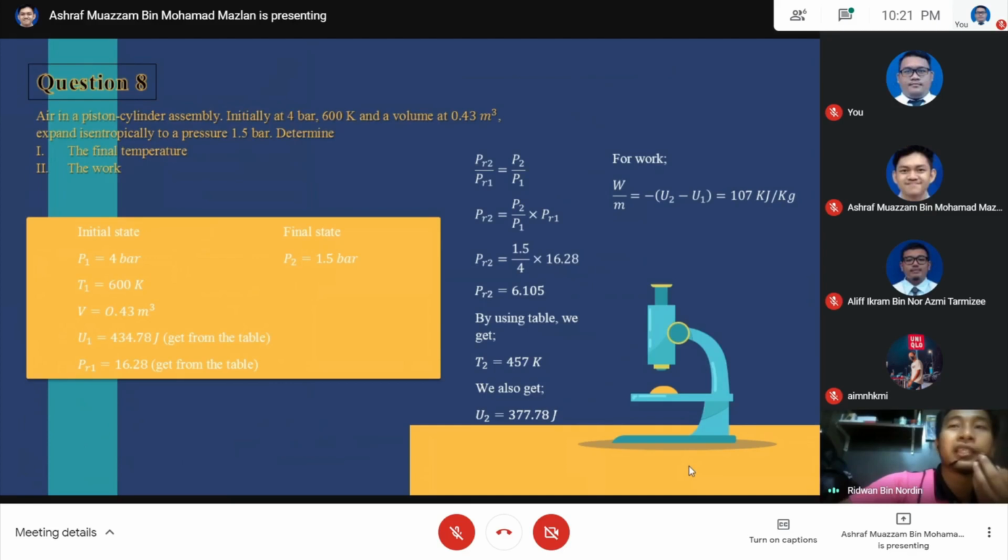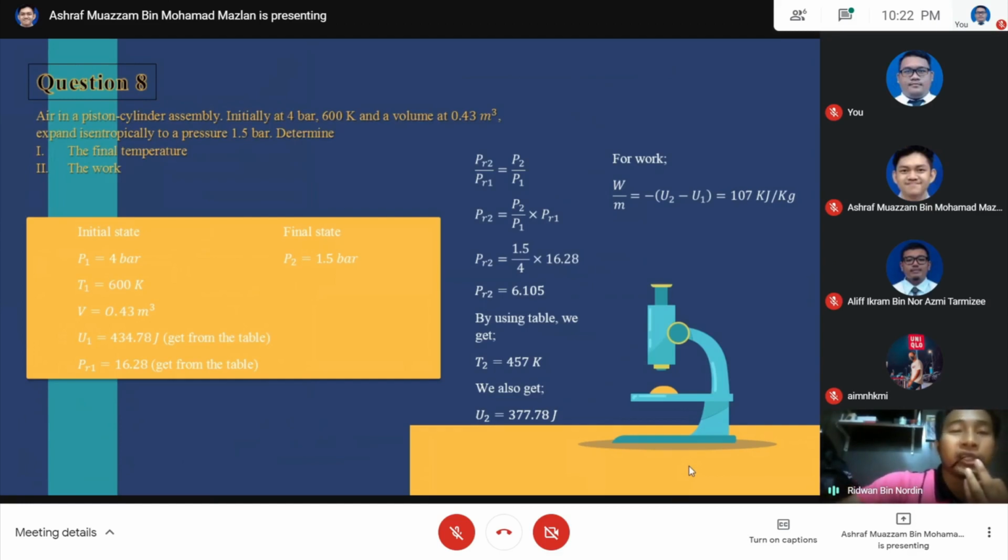So the initial state pressure that is given is 4 bar and the temperature is also given, 600 Kelvin. For the final state, the given pressure is 1.5 bar. The volume is 0.43 meter cubed for the initial state.